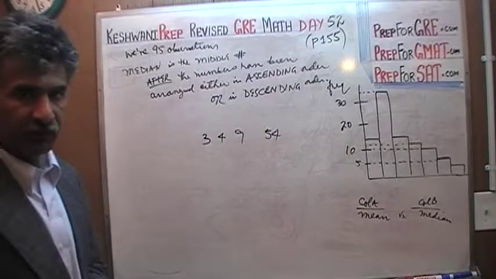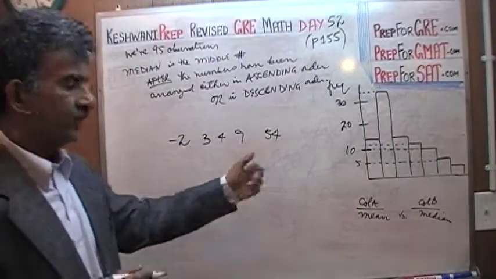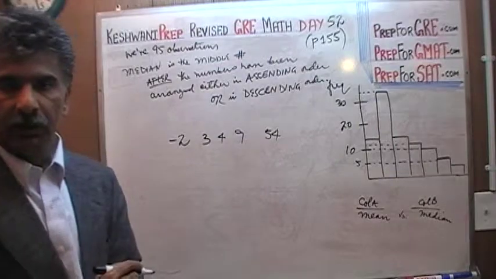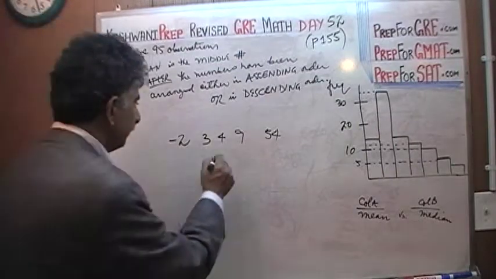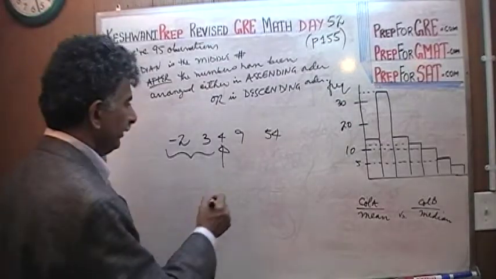Let's make it simpler first. Negative 2, 3, 4, 9 and 54. What's the median? Well, the numbers are already arranged in ascending order, so the middle number is 4. That's your median. You got two numbers on the left hand side of it, two numbers on the right hand side of it.